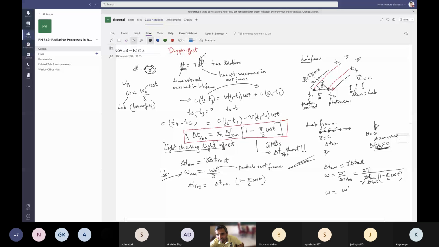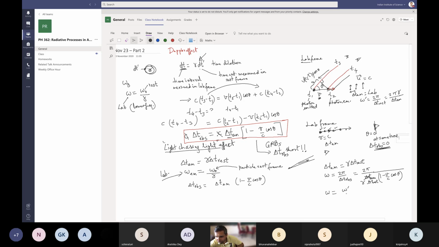This is the frequency between the photons emitted. So omega prime equals 2 pi by delta T rest. This is equal to 2 pi by delta Tm divided by gamma.